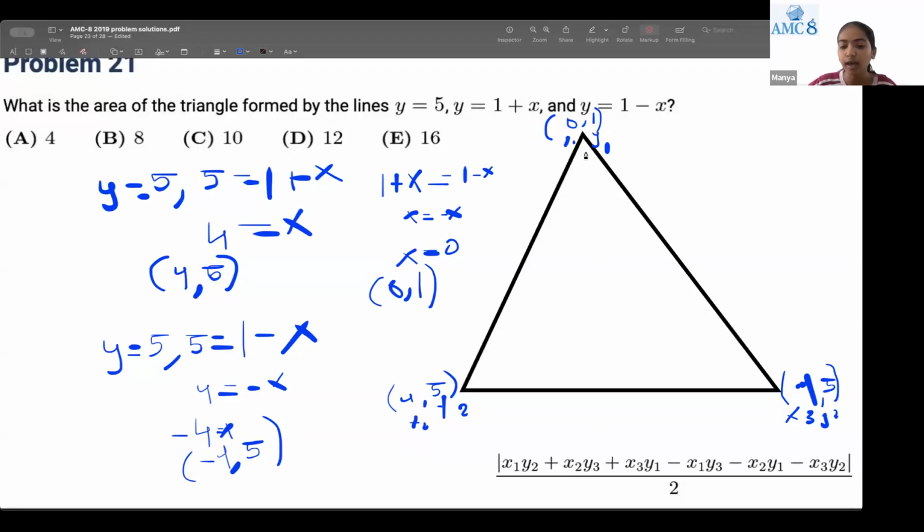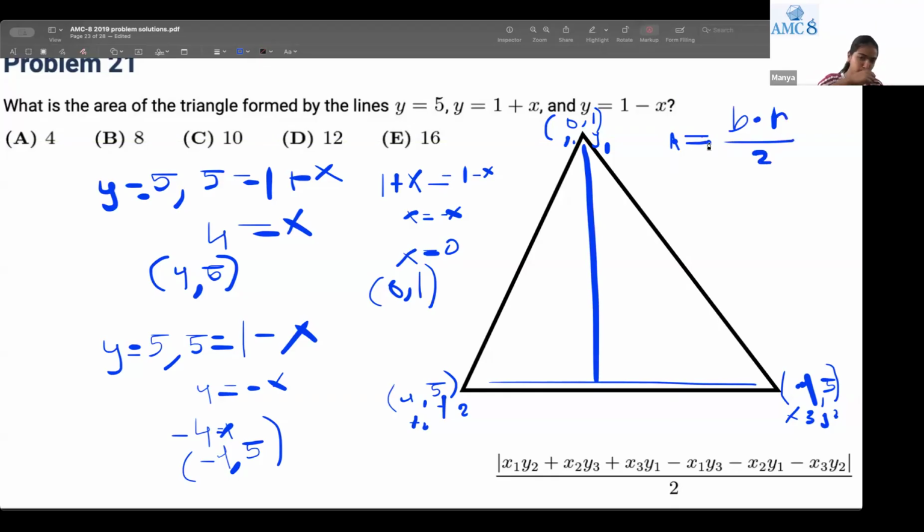So instead of doing that, I found an easier way to do this. We'll have to find out the value of that. Area equals base times height by 2. So to find out the base, we'll have to know the difference between the two coordinate points.